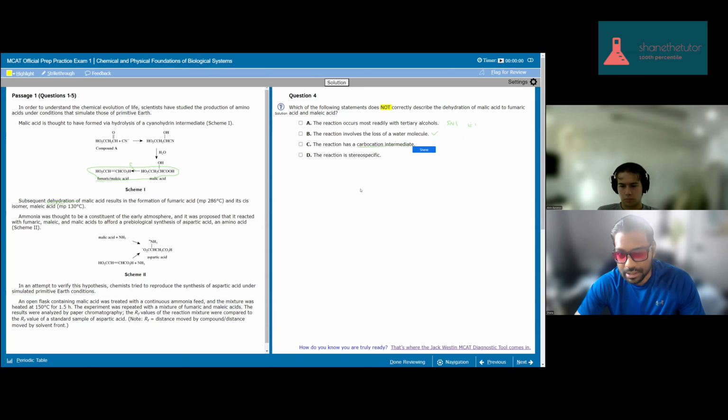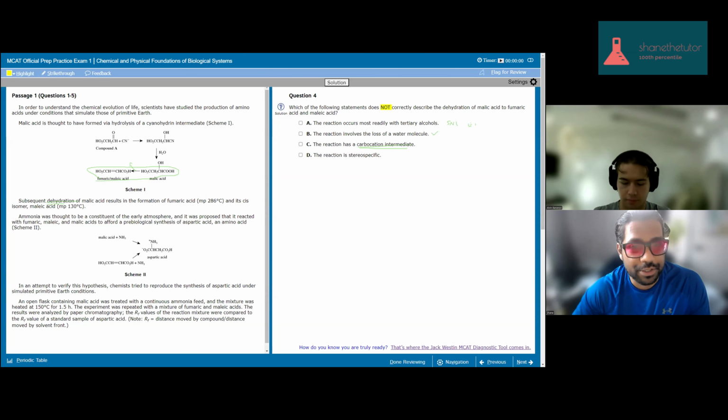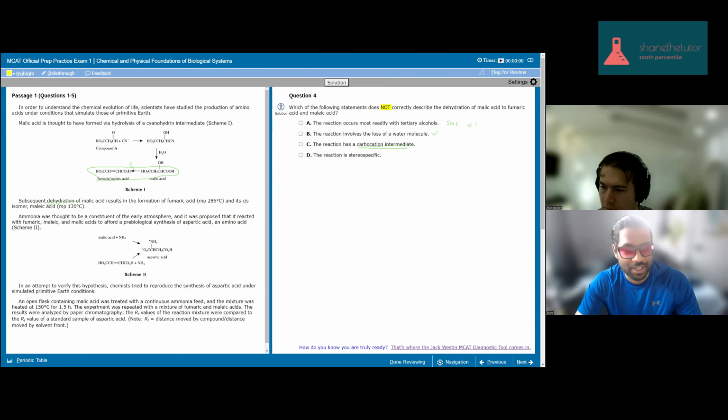Now, C is also one of the SN1, SN2 stuff in disguise, right? It's SN1, so carbocation intermediate. So this would be consistent with A, so that shouldn't be it.